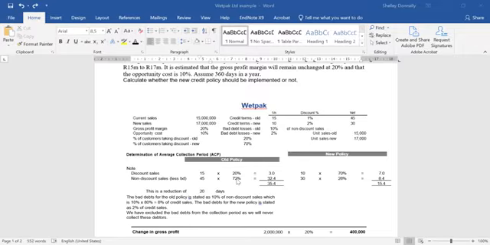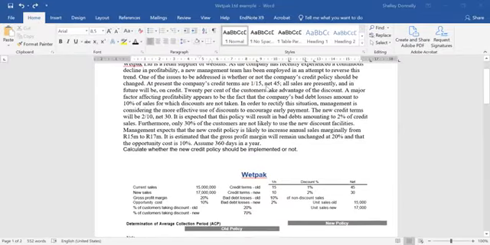And that should be, why is it 72? Oh, it's less the bad debts. Should be 80. Why are they taking off 8%? This is the problem of using a question and then not having had a chance to study it.